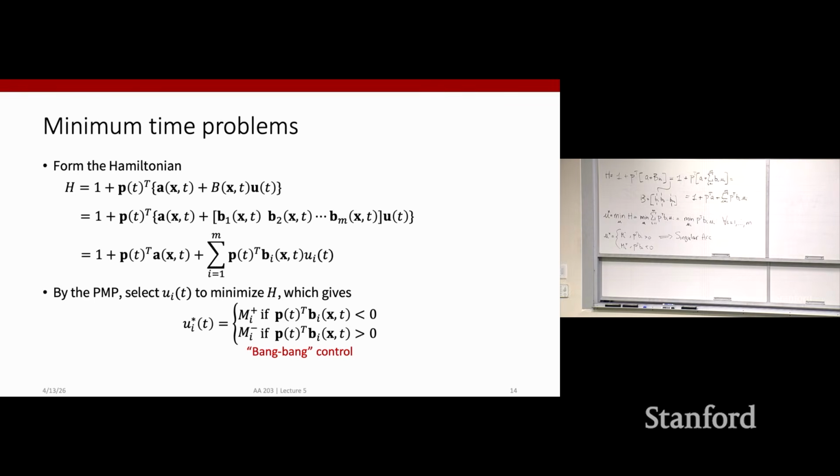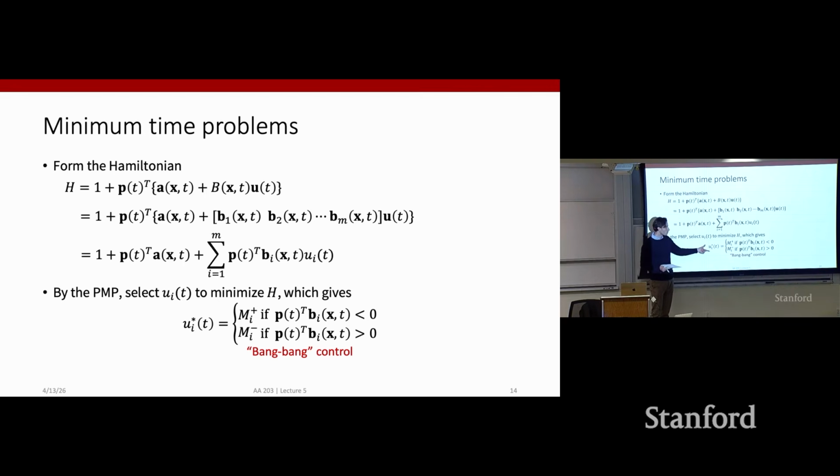This is because the control has a profile that either accelerates at max velocity or brakes at its maximum. And if you think about what we're doing here, minimizing final time, it makes sense. We have a linear system or a control-affine system, we want to minimize time, and so we're not messing around.